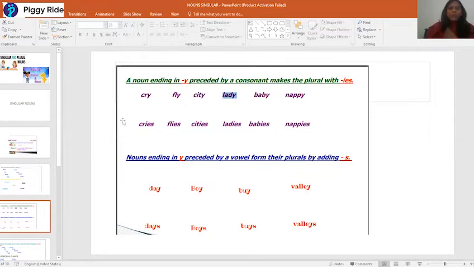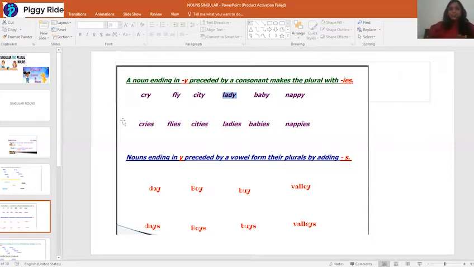We change it to plural by adding CITIES. And then the next example, lady, LADY. We convert it into the plural form by putting LADIES towards the end.